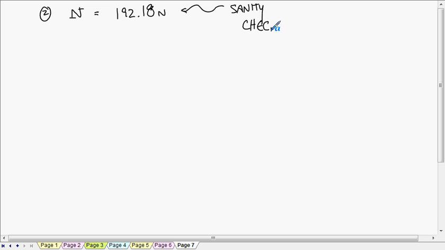And here's something that should always be a red flag if you don't get this. Your n value should always be positive. Okay. An n value that's negative means that the floor is pulling the thing down.